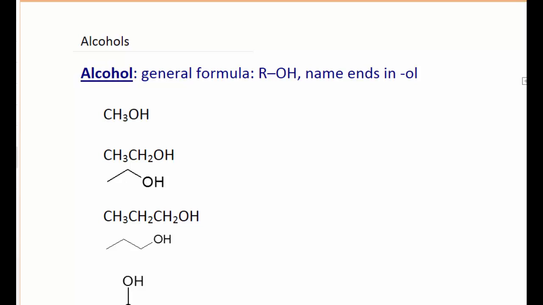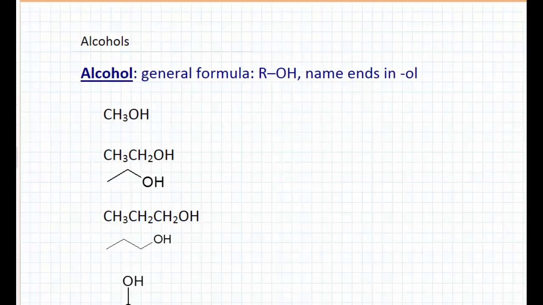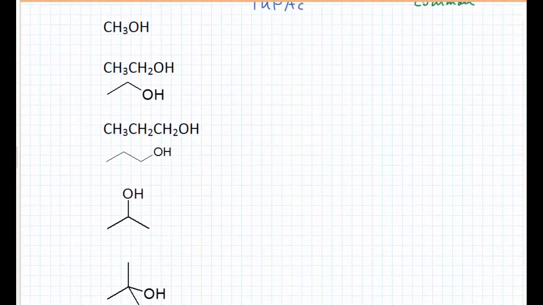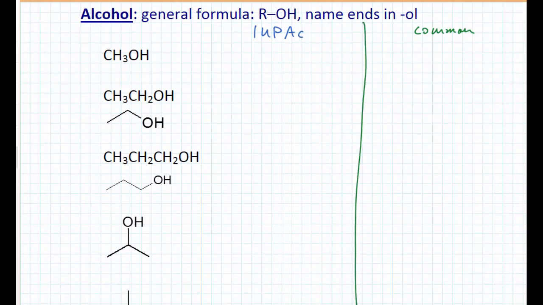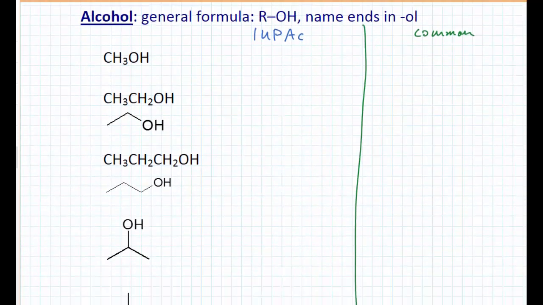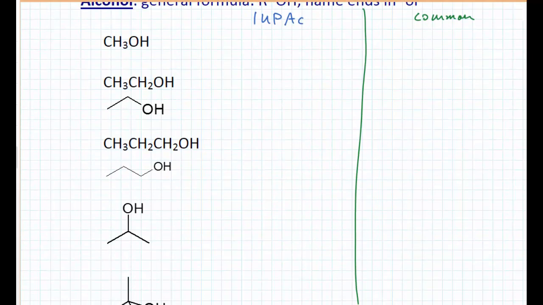So we're going to make two columns here. We're going to have IUPAC names and common names, because alcohols have a lot of very widely used common names, but thankfully they're pretty similar, and they all follow a really nice pattern.